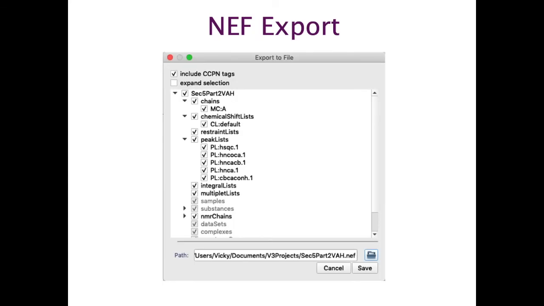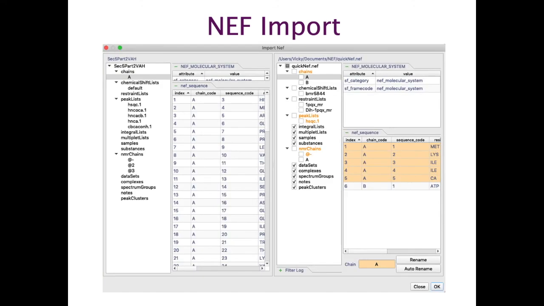For a long time now you've been able to export NEF files, and you can specify which parts of your project you want to export. We've now, new in version 3.02, also got a new NEF importer. So rather than just importing a NEF file as a whole project, which is what was happening so far, you can now choose which elements from a NEF file you want to import.